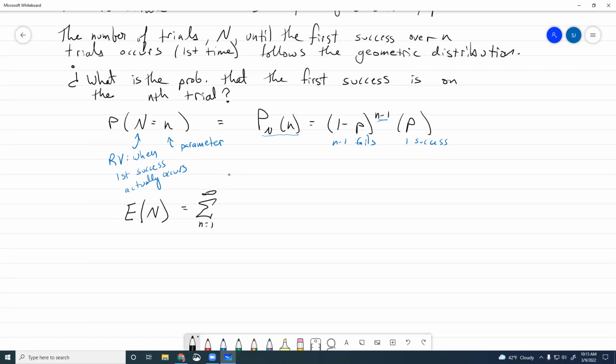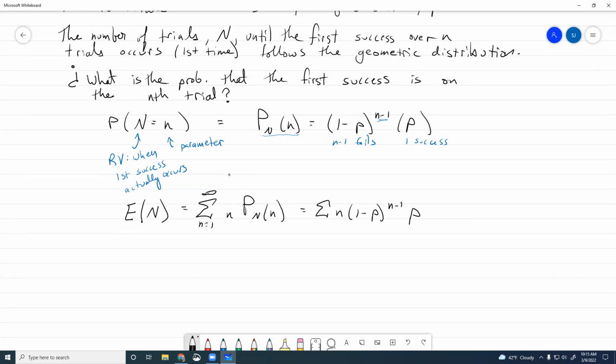Of course, you're going to have a decay here, a geometric decay, essentially. So we're going to multiply all the n's times the probability of that n. This is just how we do our discrete expected value, and we would just sum them all up.